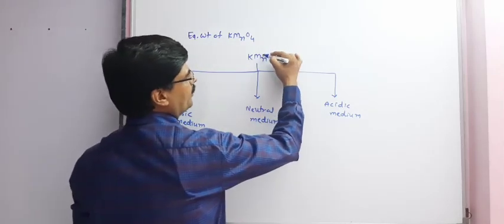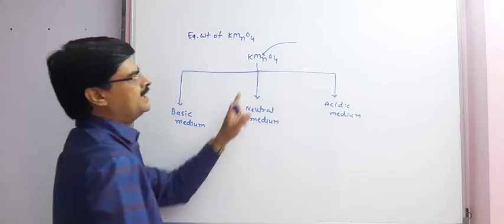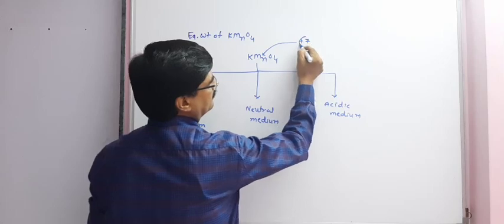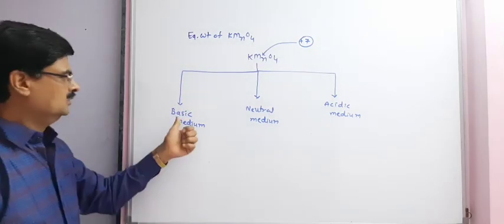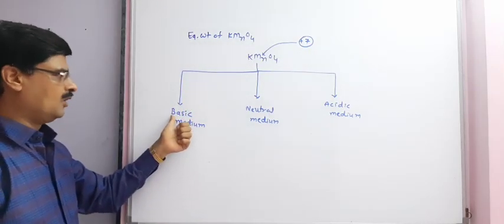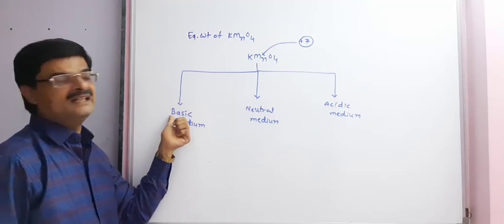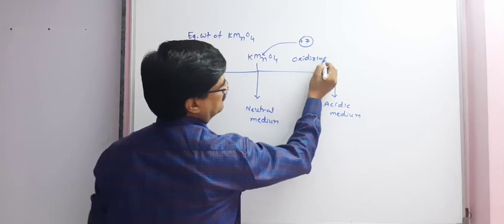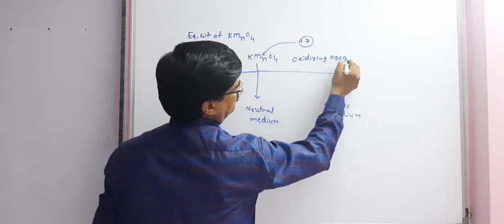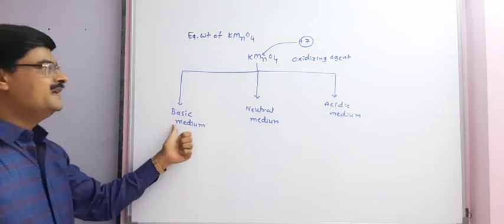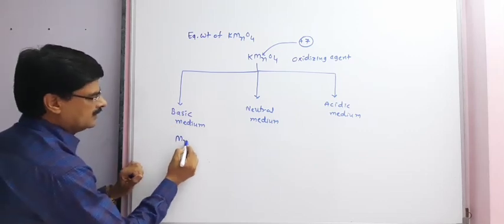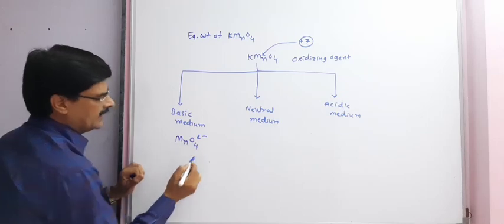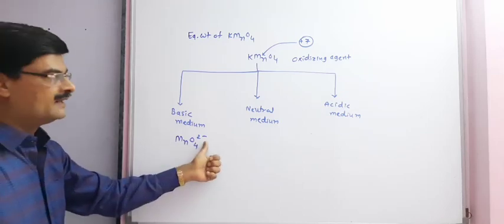First, as you all know very well, the oxidation state of Mn in KMnO4 is plus 7. Now, when it behaves as oxidizing agent, then in basic medium it gives MnO4 2 minus ion.